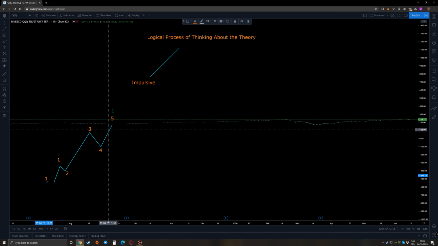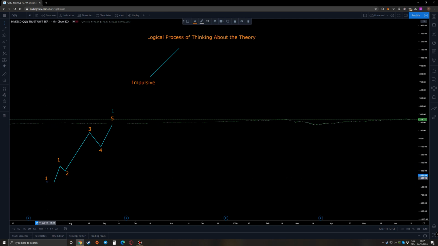So in an impulsive move, when I say an impulsive move, it means you're looking for a move like this that is labeled with numbers. Okay, the first thing you should know is that it is labeled with numbers. The second thing you have to know in an impulsive move is that the first wave, the third wave, and the fifth wave have to be impulsive of their own.